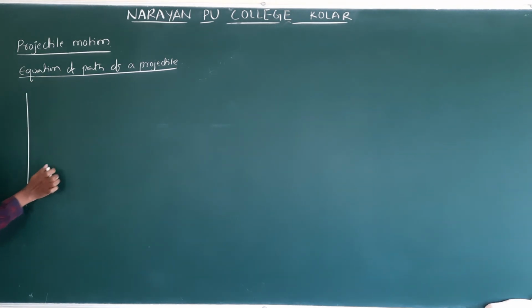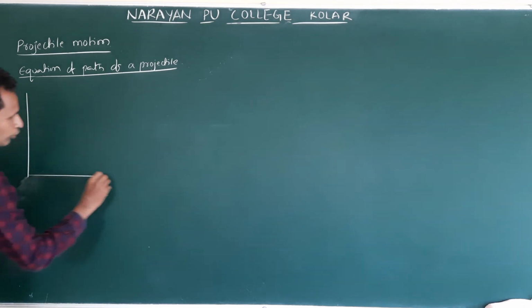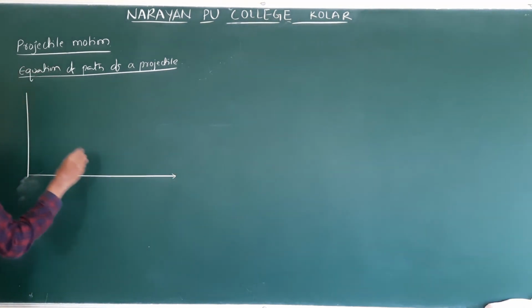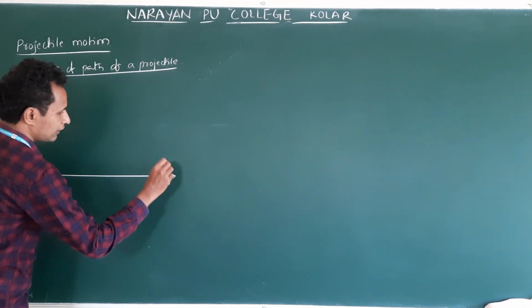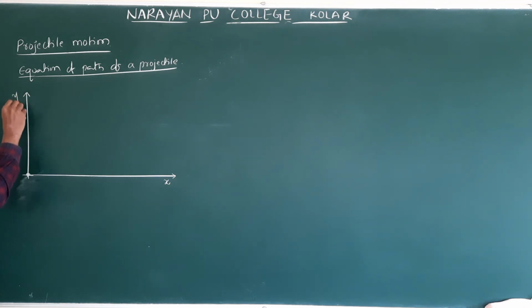Okay, now let us consider an object which is thrown from here. This is the horizontal axis x and this is y. So our reference point is the intersection of the two coordinates.